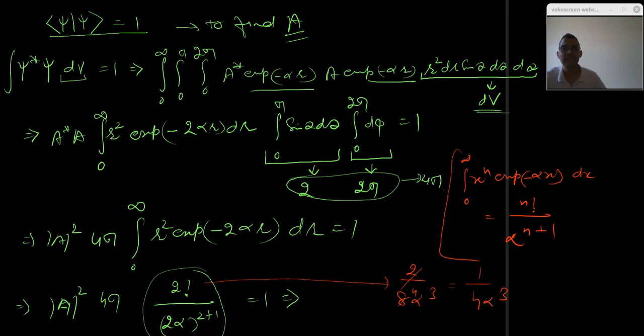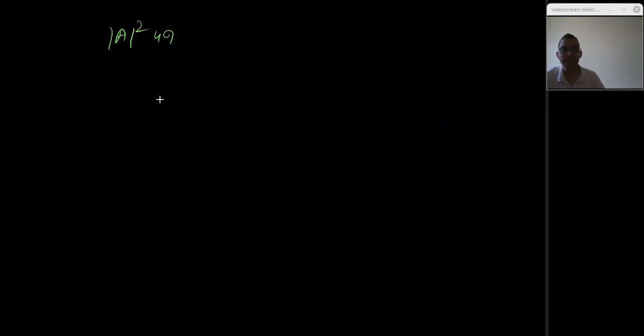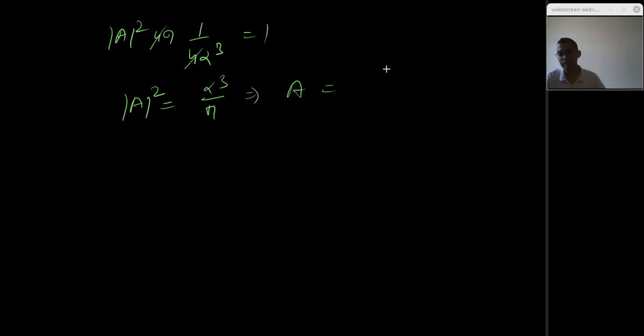Putting it here, 4 pi remains as it is, times 1 over 4 alpha cube, equal to 1. This 4 will cancel out, so from here I can write that A square is equal to alpha cube over pi. That means A can be written as alpha raised to power 3 by 2 over the square root of pi.